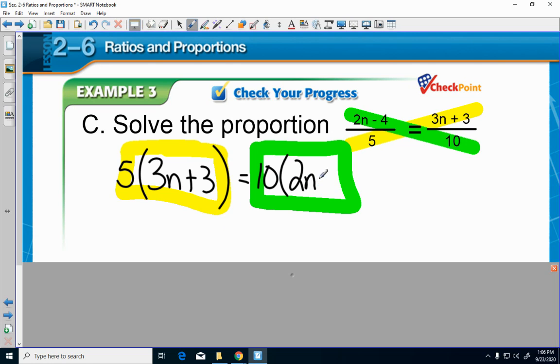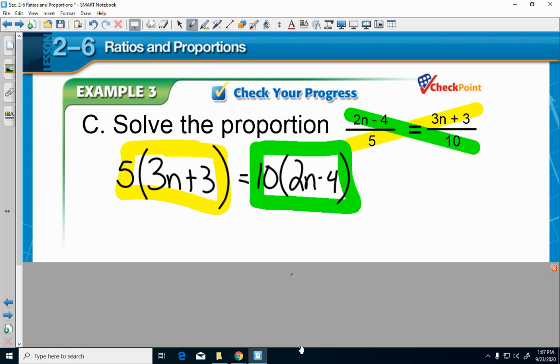Okay. Have we solved enough equations to know what to do here? I hope the answer is yes. What does your first move have to be, Graceland? Yeah, what's that called when you multiply something outside the parentheses? The distributive property. Good.